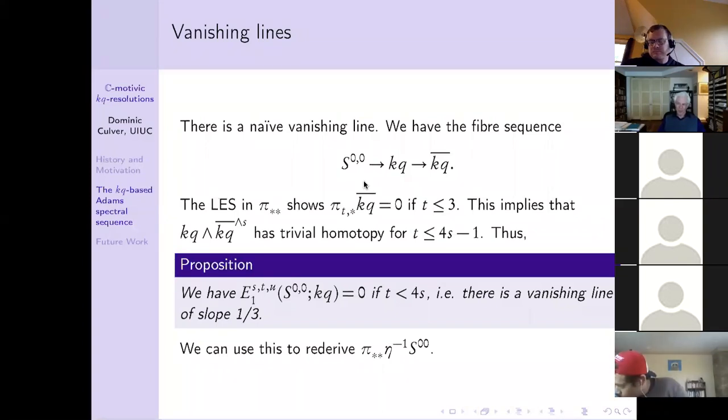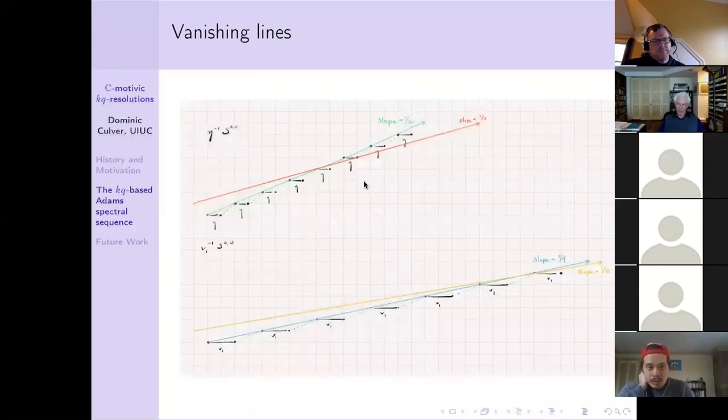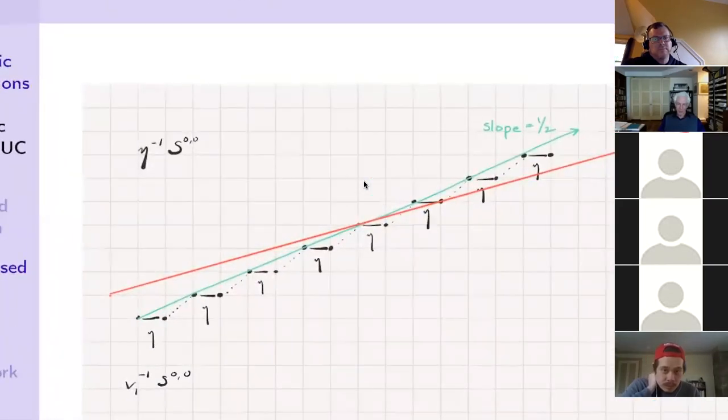All of the groups above that line are 0. That has a very interesting consequence. It tells us that all of the eta-periodic elements in the sphere, at least over C, are detected in the 0 and the 1 line of the keq-based atom spectral sequence.